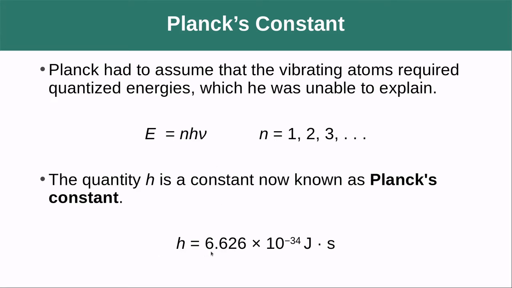You can see down here it's 6.626 times 10 to the negative 34 joule seconds. So you take joule seconds, multiply by reciprocal seconds, and you get joules, which is the energy unit we've seen before. The idea that it can only have these discrete values of 1 times that, 2 times that, 3 times that, or 4 times that, that is quantization, which we saw before with the standing waves.